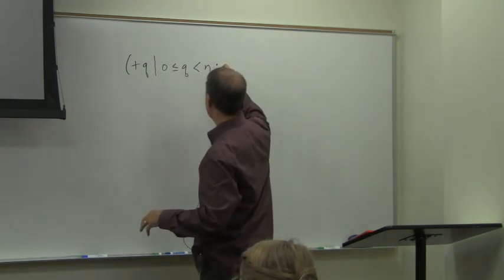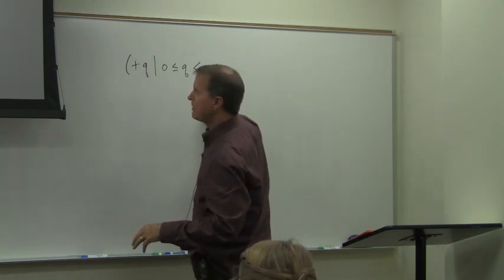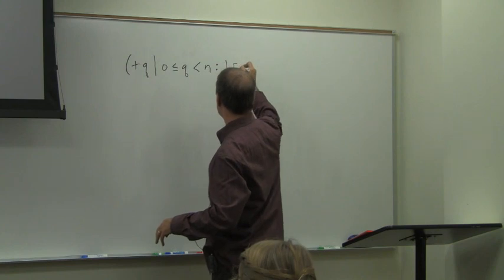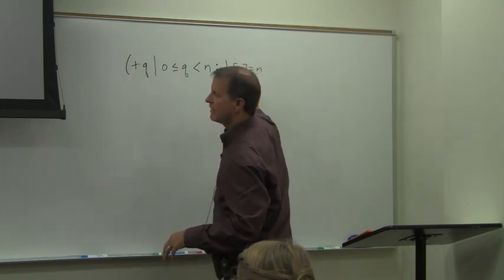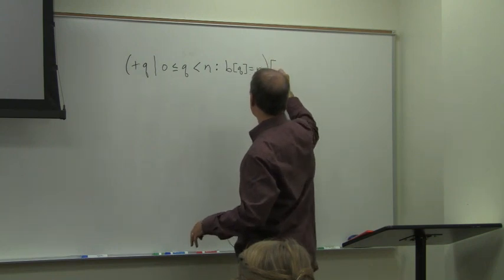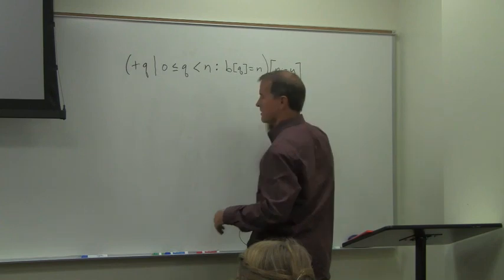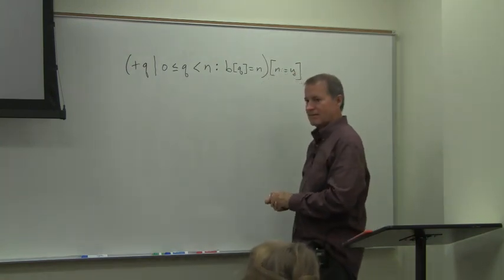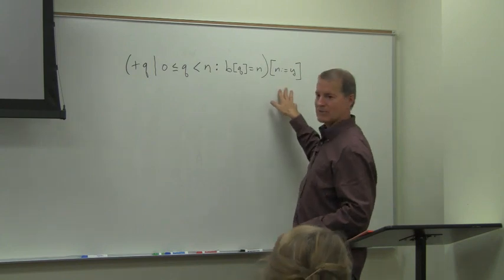And then a body, what? b sub q equals n, with n replaced by y. And now we're going to do n replaced by what? Y. So we have to do that first. Okay, and now what do we do? So now what happens?